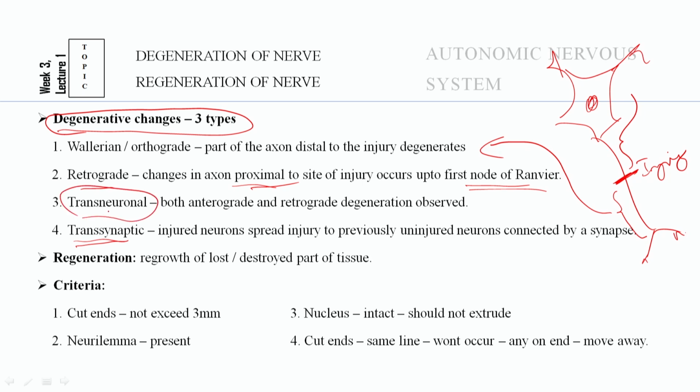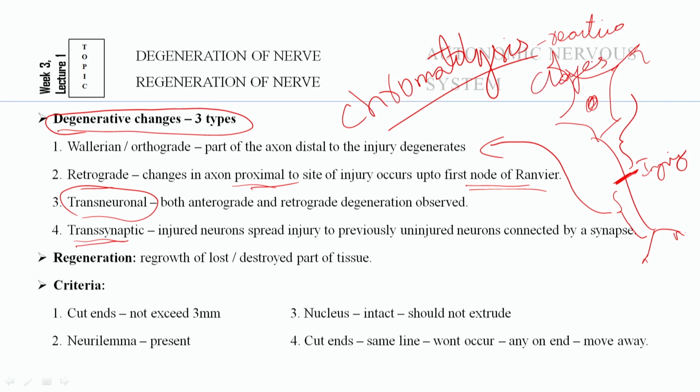Now one important point is that in retrograde degeneration you will find one important terminology called chromatolysis. So what is chromatolysis? It is a reactive change that occurs mostly in the cell body, the soma of the damaged neurons, that involves dispersion and redistribution of the Nissl substance.